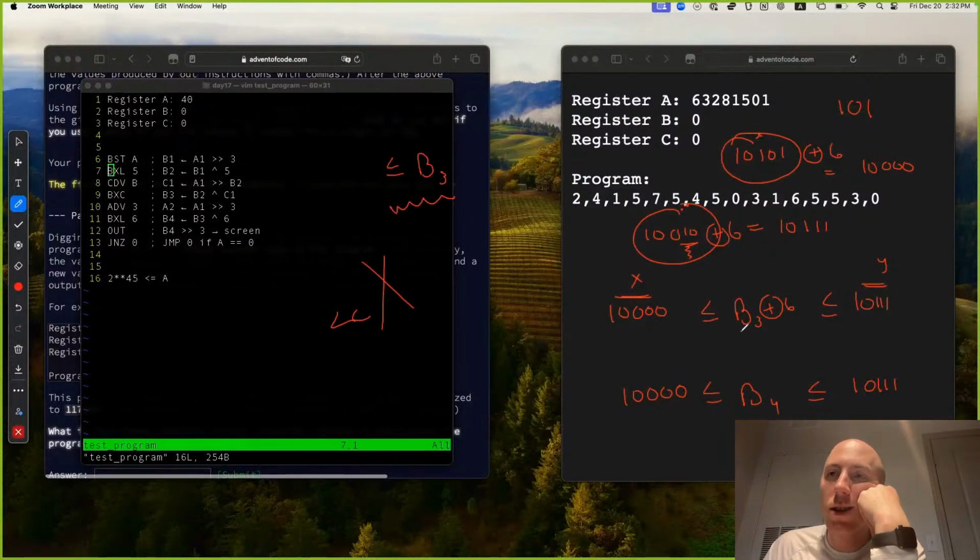Something's jumping out to me now. What if we just kept replacing this by this by this by this? So we just get this big expression: if the result of this computation is less than or equal to this. Yeah, that's not the most useful.